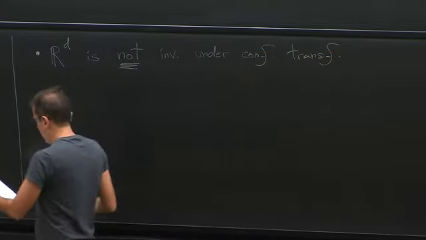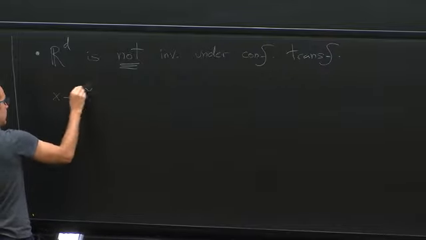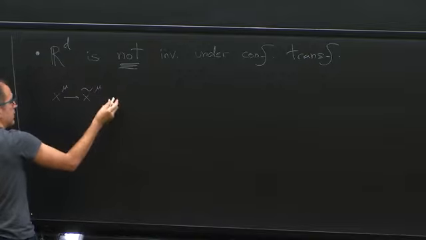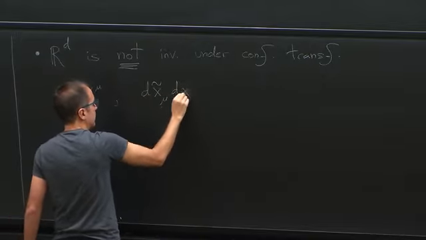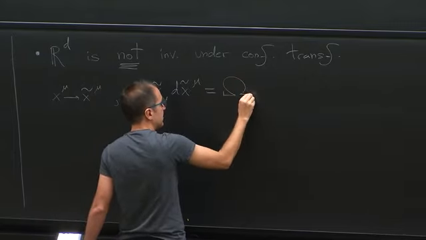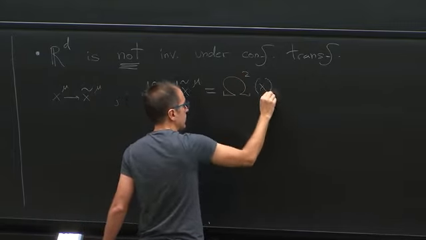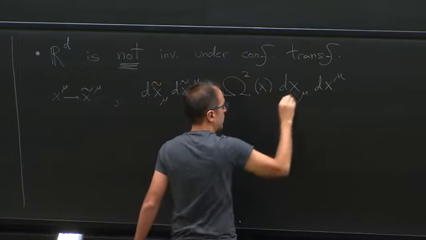On the contrary, when you do x goes to x tilde, dx tilde mu dx tilde mu is not equal, but instead there is this proportionality factor.